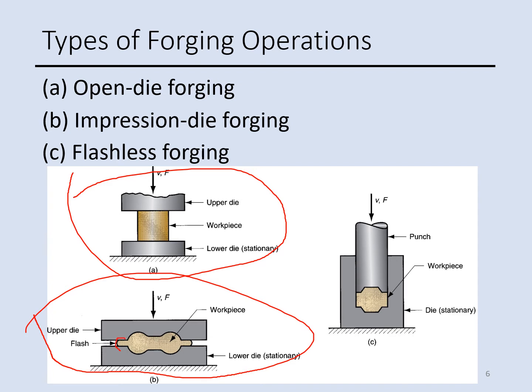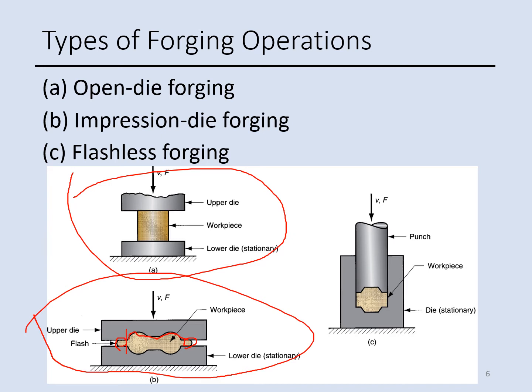This is flash, as you see on the left side of the part and the right side of the part, and the die has a shape, it has an impression, and this flash is excess metal that we have to trim off from the workpiece.